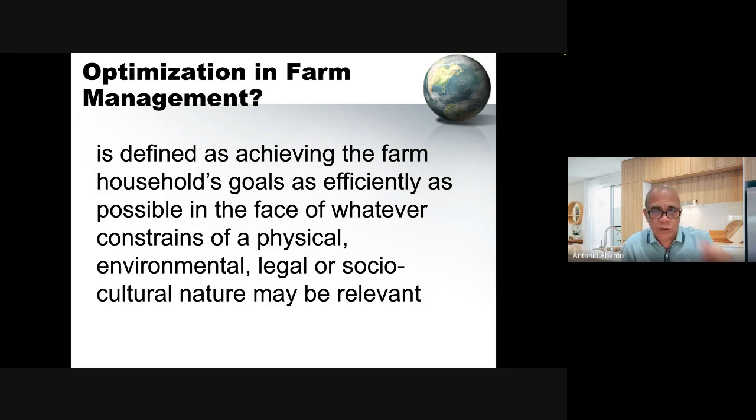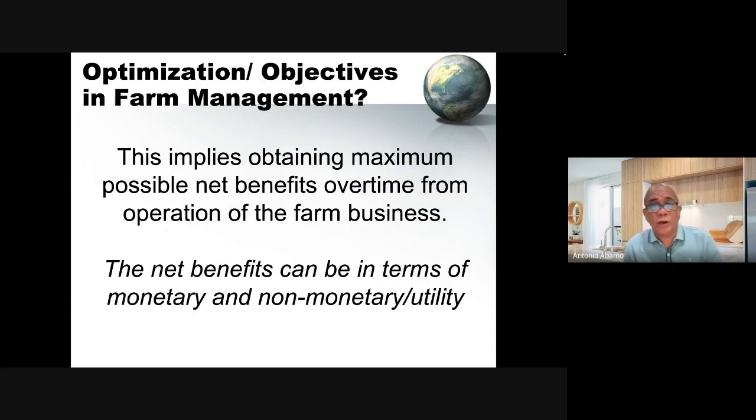Very important, achieving the objectives or the goals of the household efficiently. Efficiently meaning at least cost, for example, the lowest resource use, you can achieve the objectives of the farm household. Legal or socioeconomic or cultural nature of that nature.